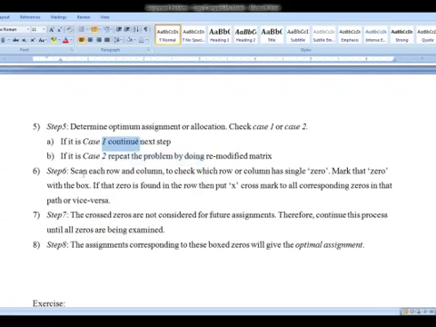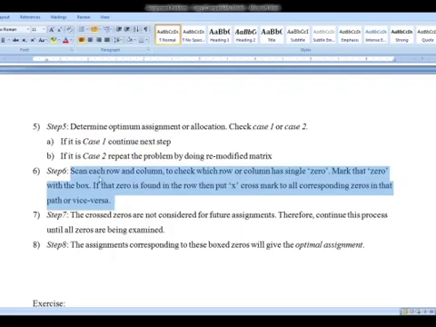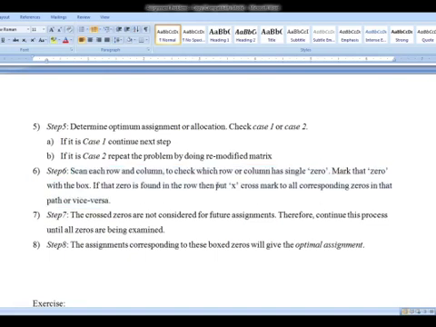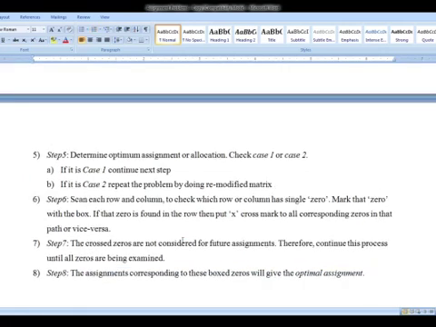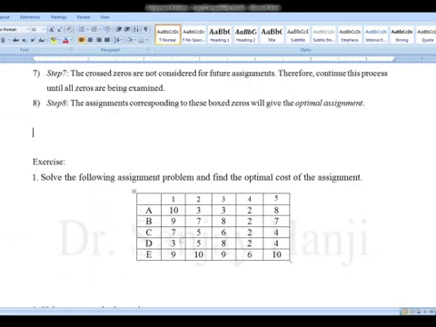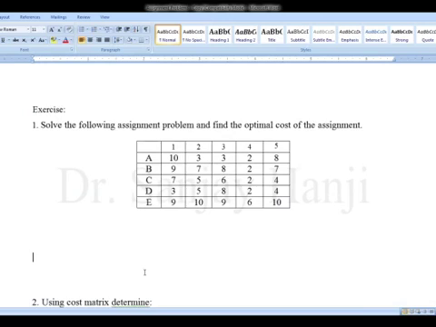So if it is so, you scan the rows and columns for zeros, and you have to mark the zeros with a box, and I'll tell you how to do it. After that, the boxed zeros will give you the optimal assignment solution. Anyway, we will do this Hungarian method with this particular problem, and let us see how to solve it using the Hungarian method.